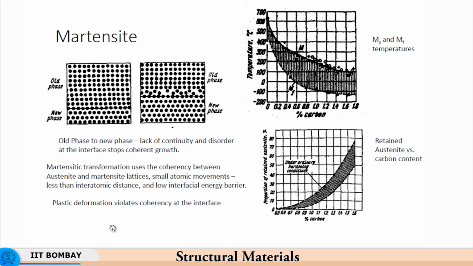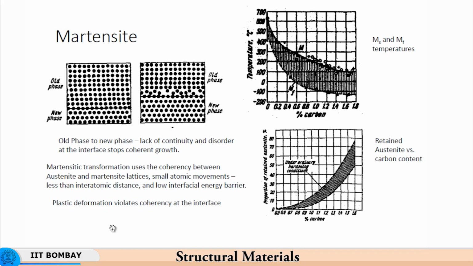However, if there is a disorder created by mechanical working, for example, or because of any other reason, let us say there are stresses present, due to which non-coherency is created, then the martensite interface tends to stop growing. The disorder or lack of continuity also stops the growth of martensite.